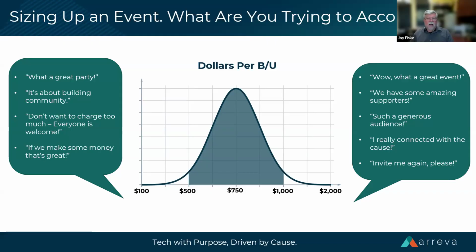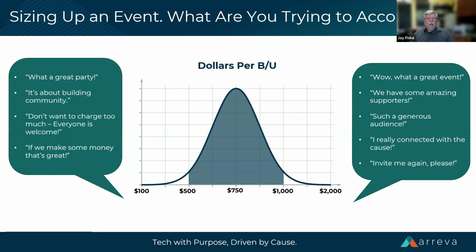Now, if they're not, that's not the end of the world. It just means you have something you can work on. Obviously, if you're beyond the bell curve, that's a good thing, but it also means you're maxing out your sponge. You need to get a bigger sponge. We'll talk about that.